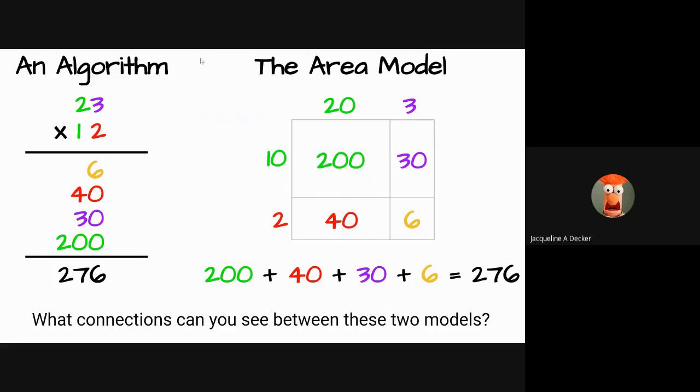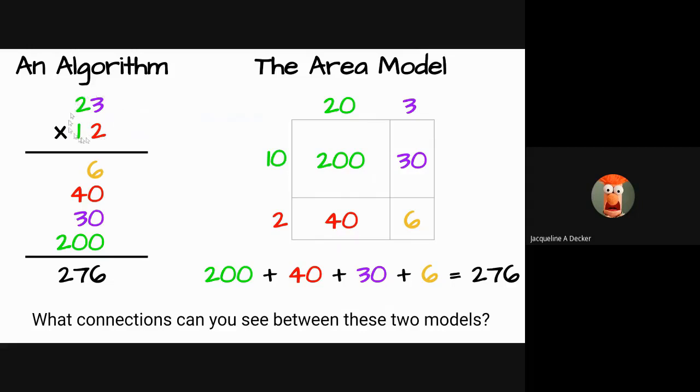So I'm thinking about the comment earlier about the why in the algorithm. And I think when we talk about this algorithm, sometimes we say, well, do 2 times 3. So there's our 6. Then we do 2 times 2 with a placeholder of a 0. What about saying we're taking 2 multiplied by 20? And then we have 10 multiplied by 3 and 10 multiplied by 20.